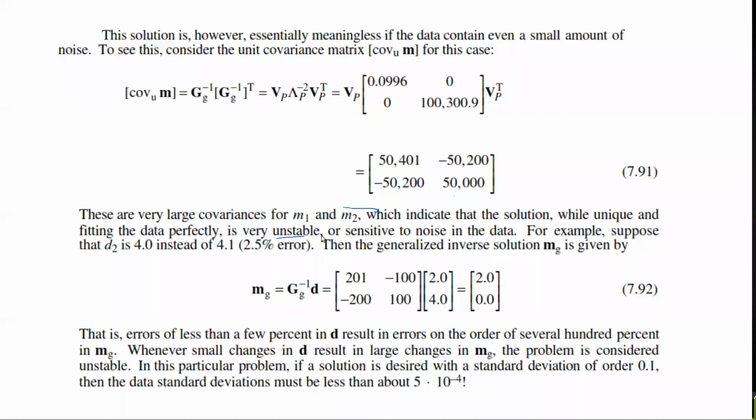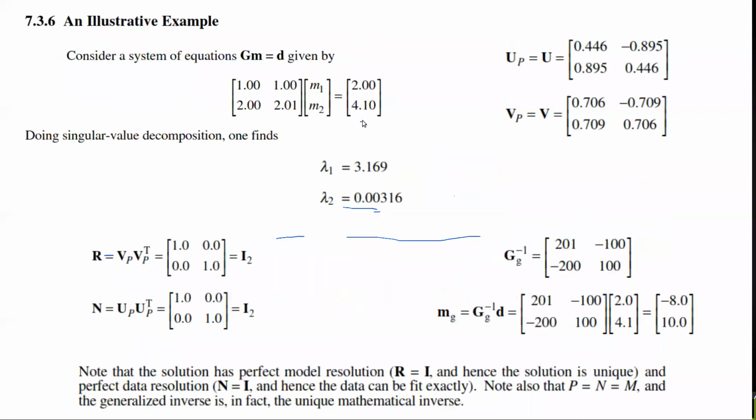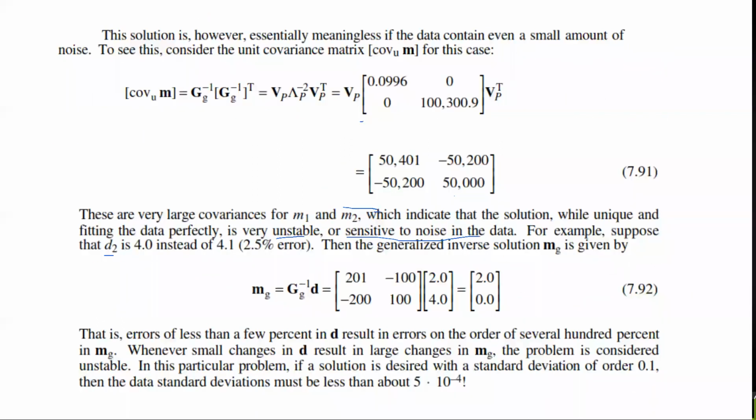So this system is so sensitive to the noise in the data, which we can see by changing the D2 to 4.0 instead of 4.1. If we change to 4.0, then our new estimate of the model parameters will be 2 and 0. Before it was -8 and 10.